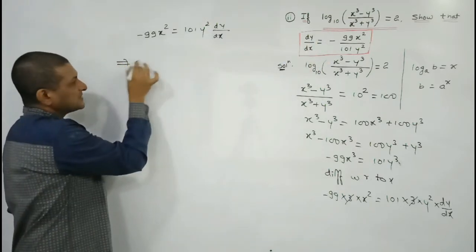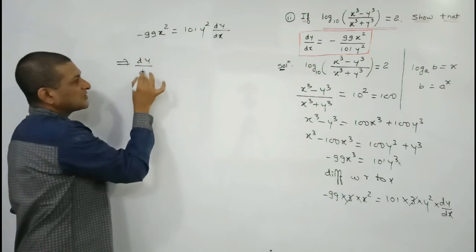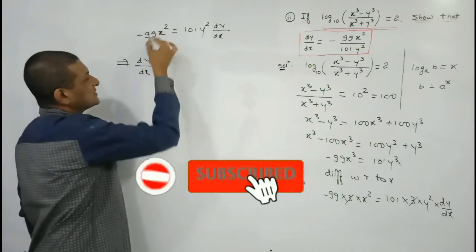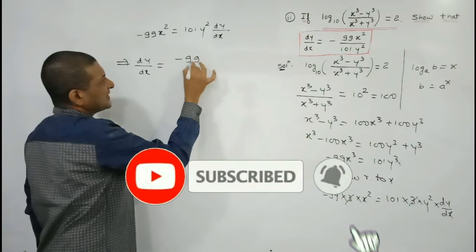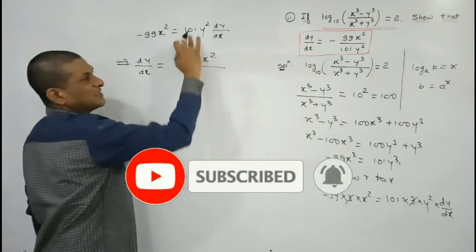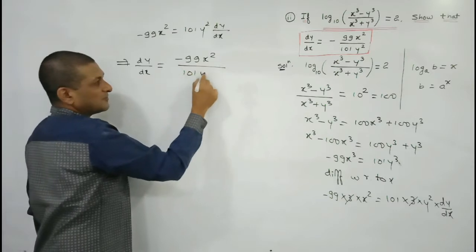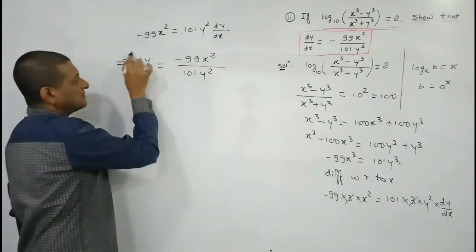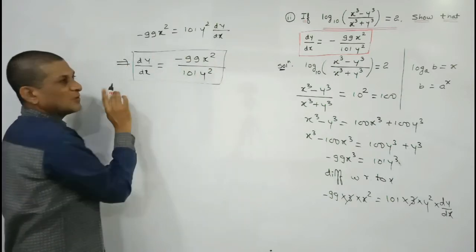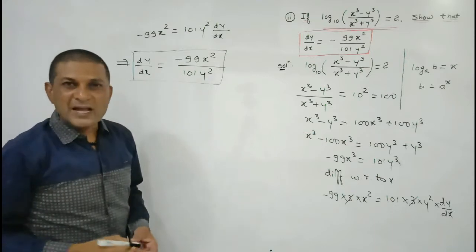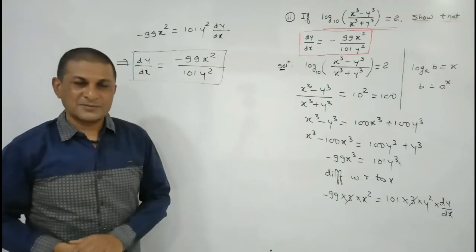So this implies that dy upon dx will be equal to, on this side minus 99x square, keep it as it is, and here 101 y square will get divided on this side, so 101 y square. In this way we have got the required value of dy by dx.